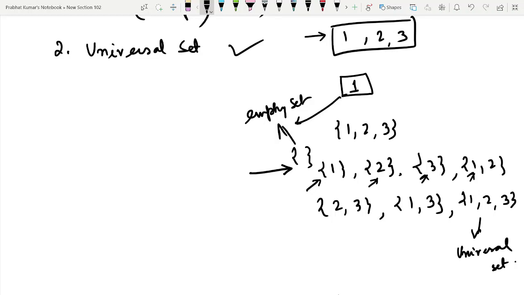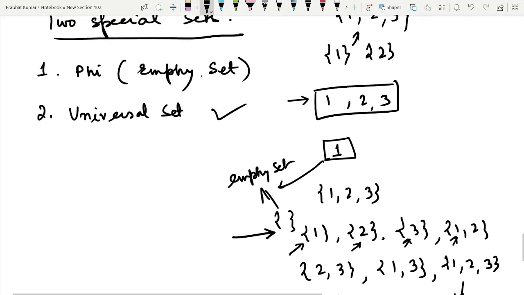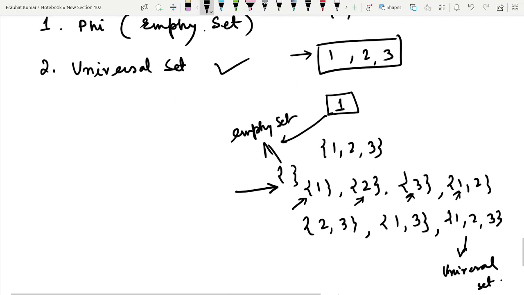I'm coming to more detail about universal sets in a minute. So let us first discuss this phi set. Phi set is basically an empty box, and the name comes from the letter phi, so you denote the empty set using this symbol phi. Phi is always a subset of any set.